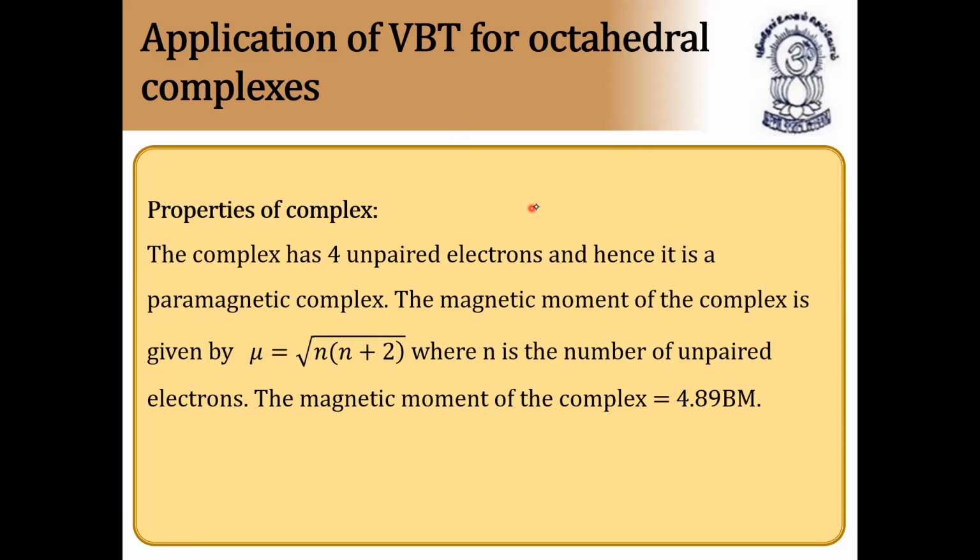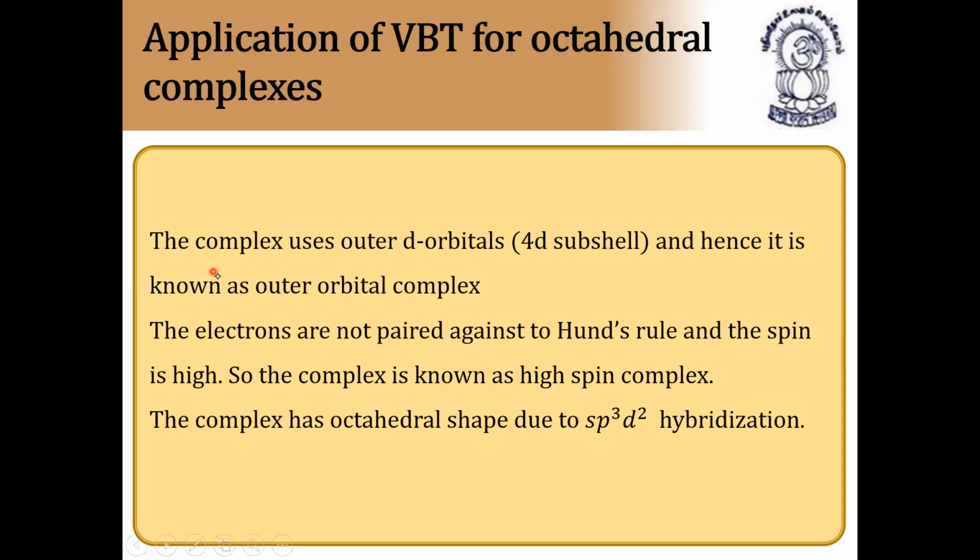Continuation now. Next, application of EPT for the octahedral complex. The complex uses outer d orbitals, the 4d subshell, and hence it is known as an outer orbital complex. As I told you, simple, you can understand: weak field ligand, outer orbital complex.